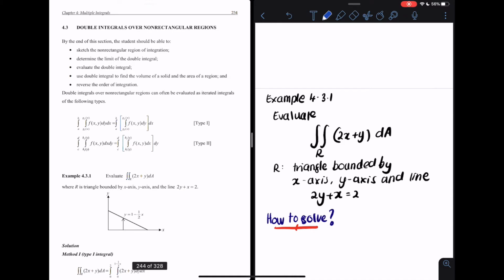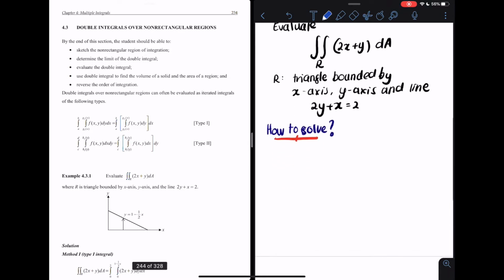Sketching this region R will help you a lot in determining the limits for both variables. Before we decide to solve the problem using type 1 or type 2, let's sketch the region R based on the description given in the question.